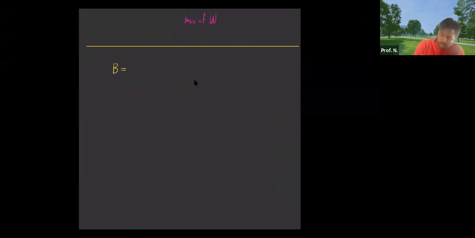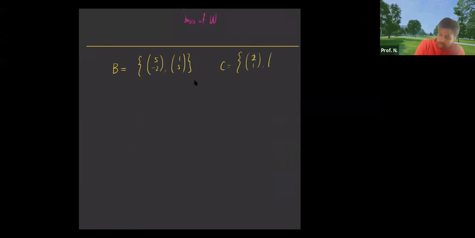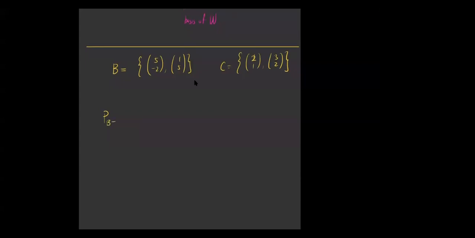So you have a basis of two vectors, 5, -2, for example, and 1, 5, like this. And then you have another basis, 2, 1, 3, 2. So you have two bases, and you want to find the matrix P that goes from B to C. Well, so it's just a transition matrix then.